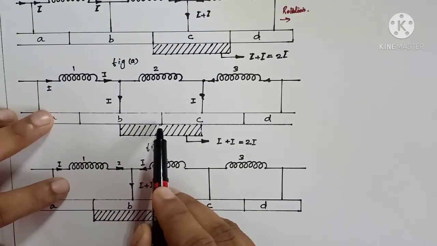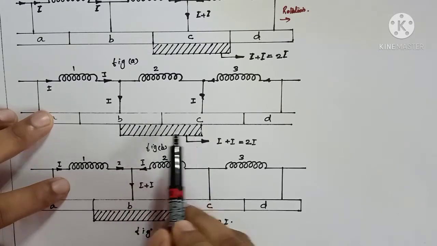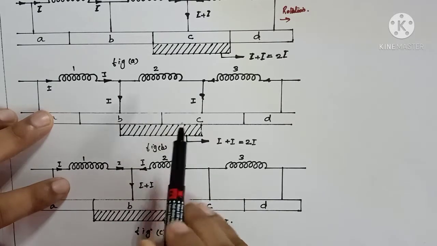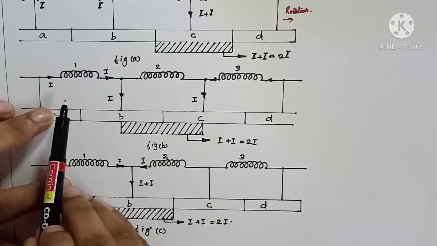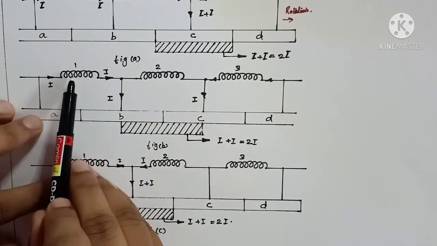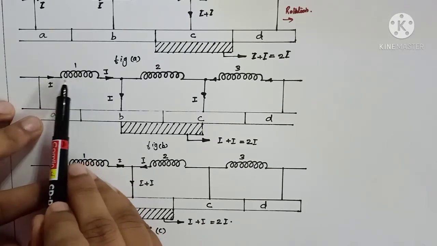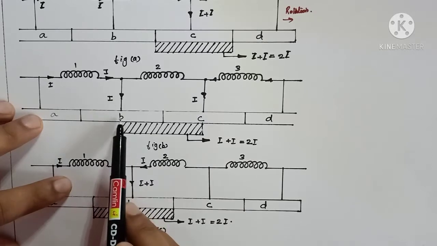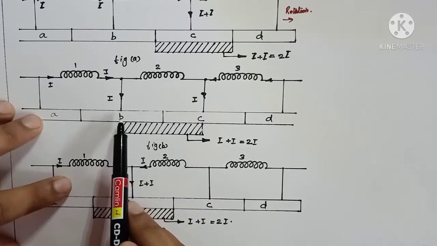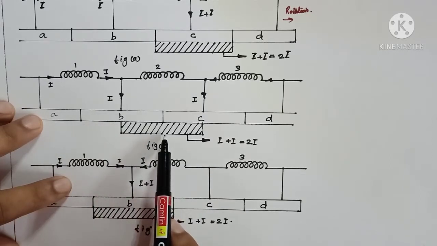At this time, in the second figure, the brush will collect the current from the first coil, that is I, flowing from this region through segment B and entering the brush.